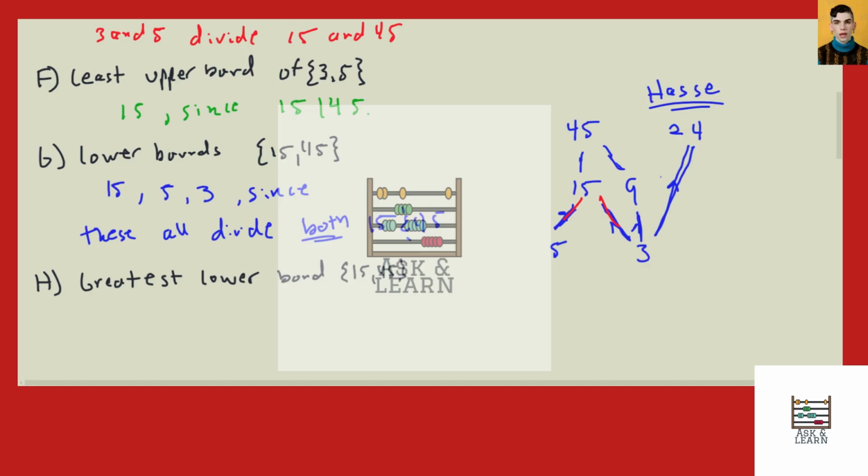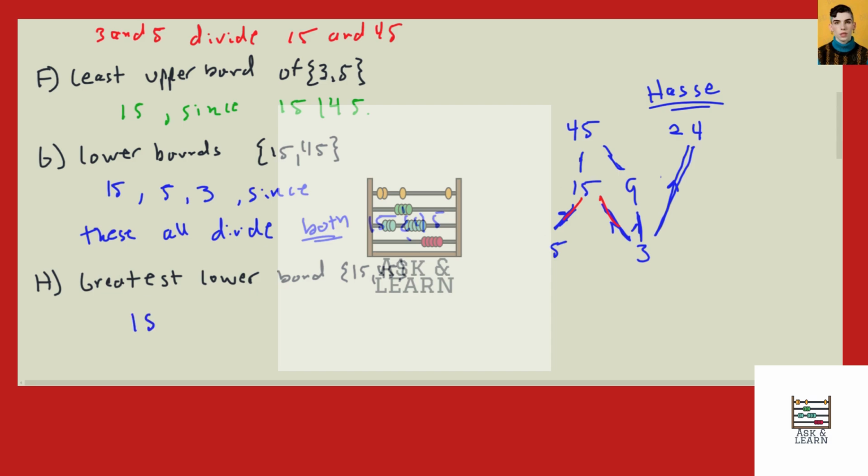And now the greatest lower bound of 15 and 45, so it's between 15, 5, and 3. Before we were looking from the top down, now we're looking from the bottom up. Since we want the greatest, we can see that 3 divides 15 and 5 divides 15, but 15 doesn't divide 5 and doesn't divide 3.